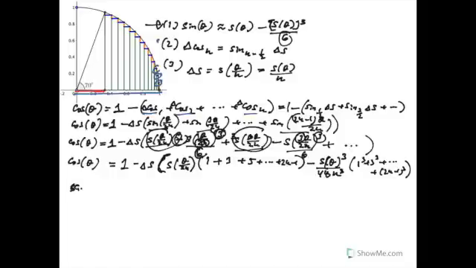Okay, it's going to start getting cleaner now. Good news. We got past the hardest part. 1 minus, good idea to change this delta s back into s theta over n, which I could even put the n under here.